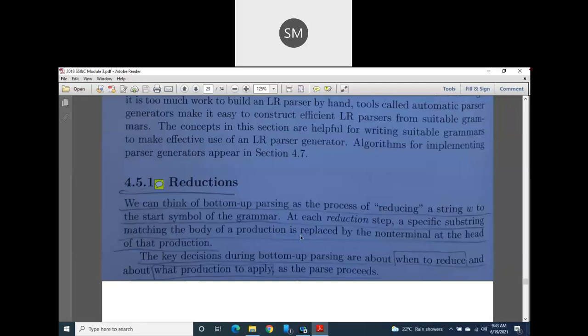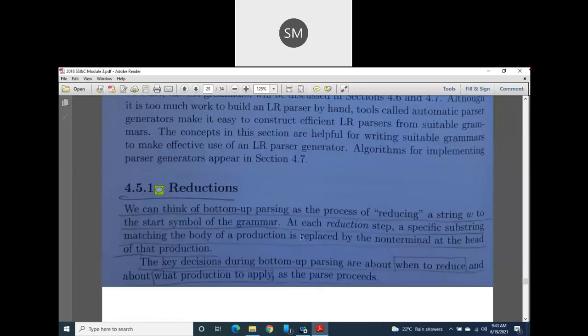Because in my string id star id, if you consider that first id as a substring, that substring id matches the body of a production: F yields id, the last production in my grammar. So that substring is replaced by the non-terminal, the head of that production. Clear? Very simple method, guys.